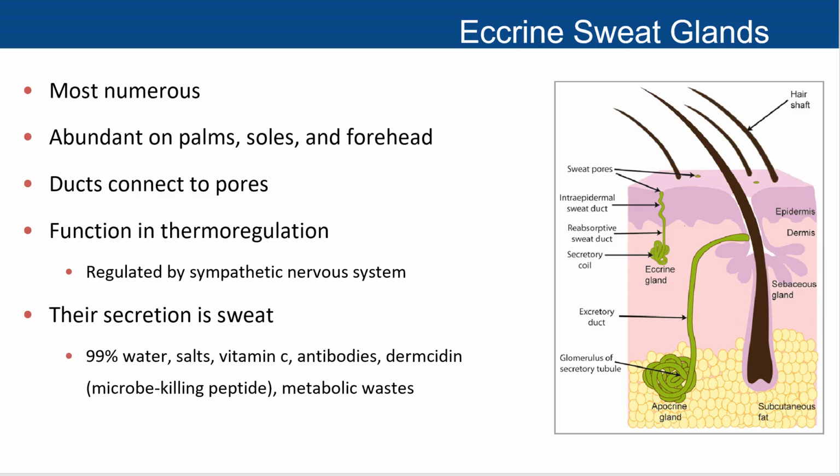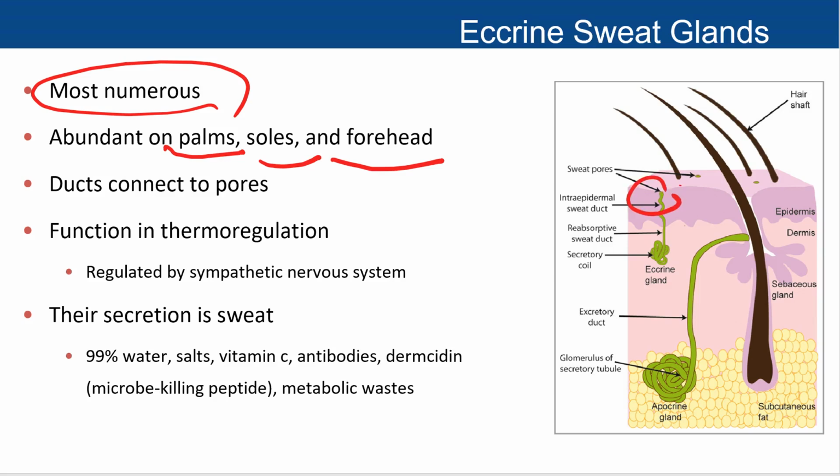The eccrine glands or merocrine glands are the major sweat glands of the human body. They are the most numerous sweat glands, found in all the skin, with the highest density in palms, soles, and forehead. Their duct opens directly onto the surface of your skin. These glands are controlled by the sympathetic nervous system.